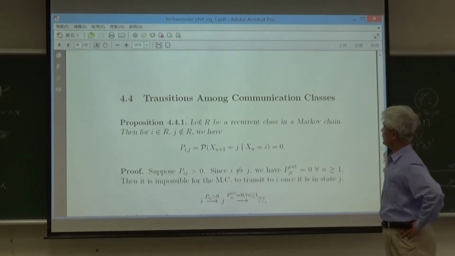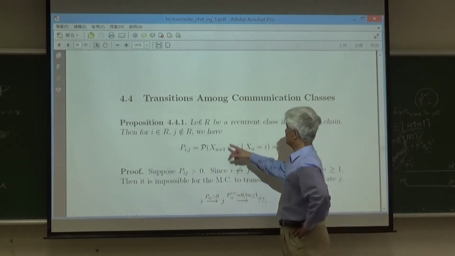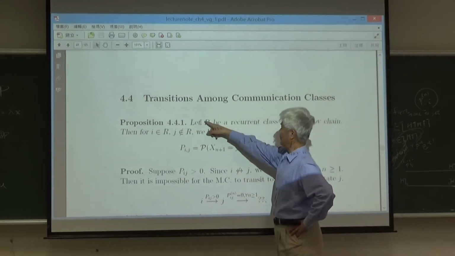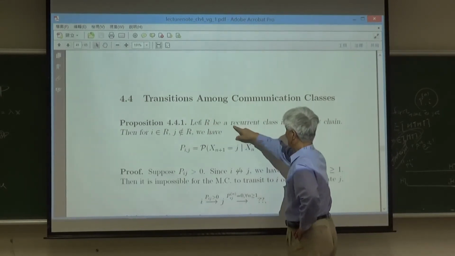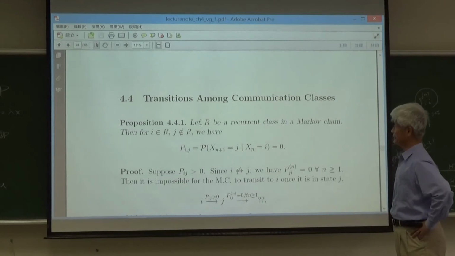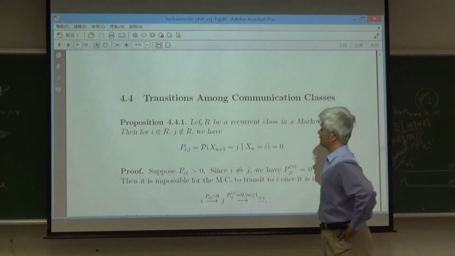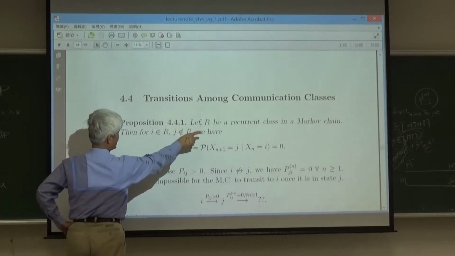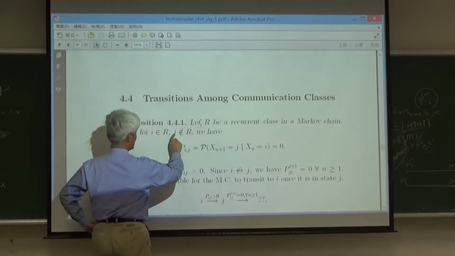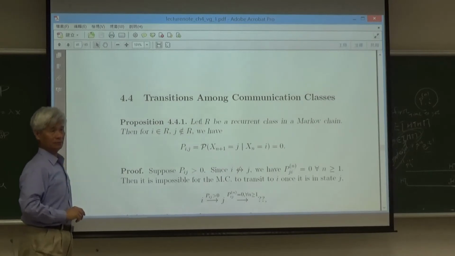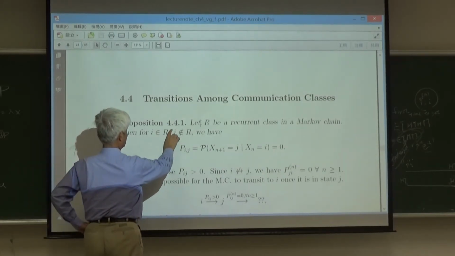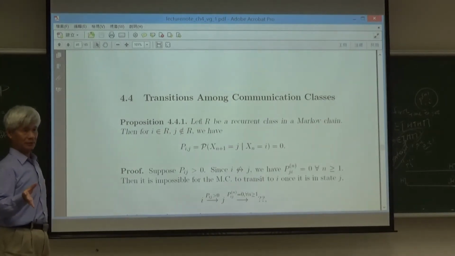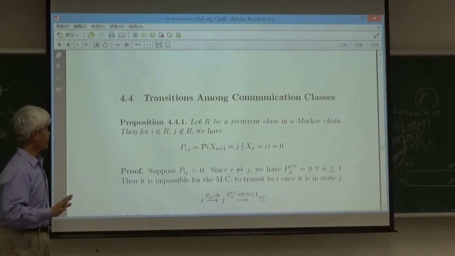Now we consider a recurrent class. We use R to denote a recurrent class in a Markov chain. Then we pick a state i in the recurrent class and a state j not in this class, but we don't know the property of state j. j can be transient or recurrent.